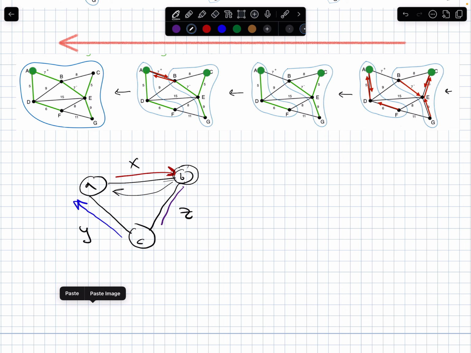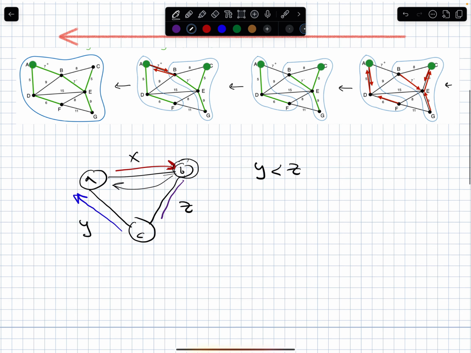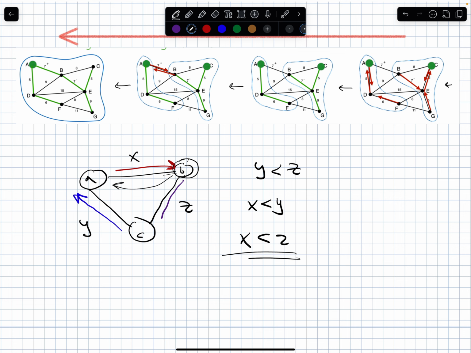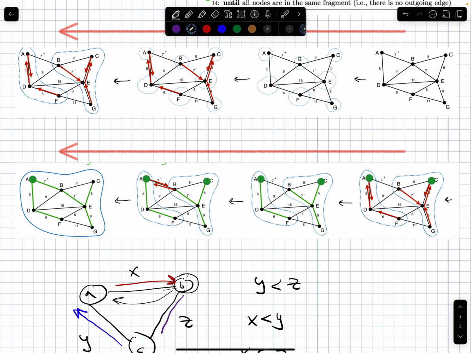So what does that mean? If C chooses A, that means Y is less than Z. And if A chooses X, meaning X is less than Z, that means X is less than Y. That means Z is for sure bigger than X. So this is why it doesn't matter which graph you choose, you're always going to have a tree.